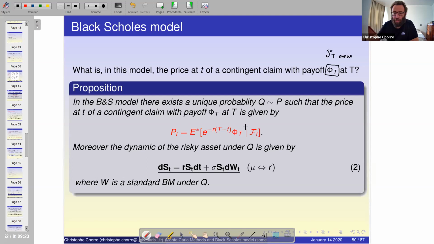So the price is given by an expectation under Q of the, let's say, actualized payoff, a conditional expectation under Q of the actualized payoff.